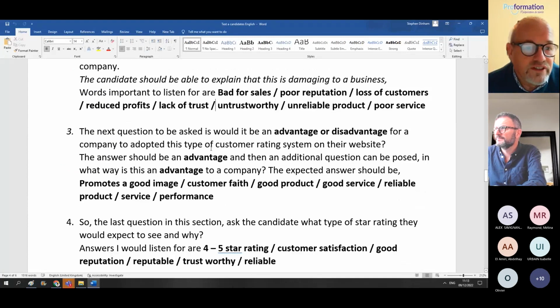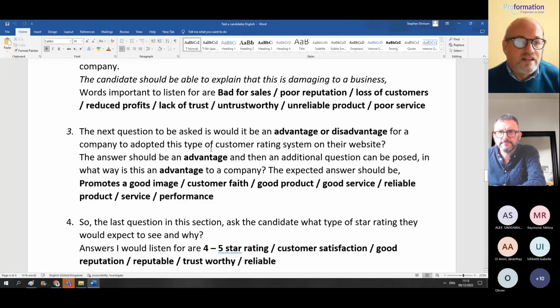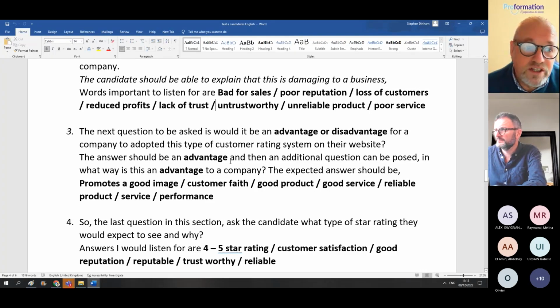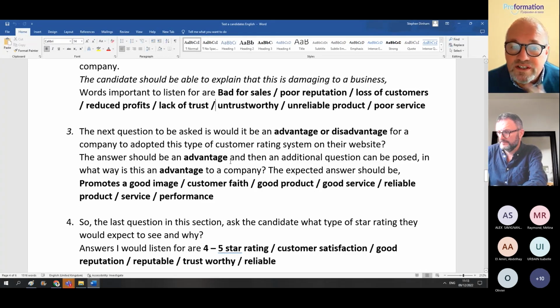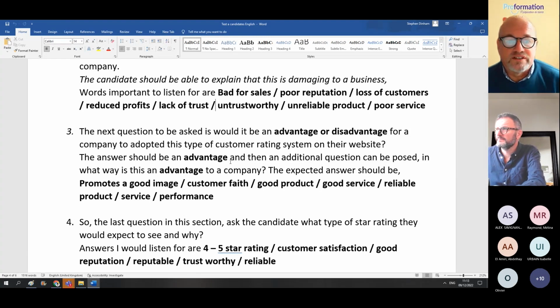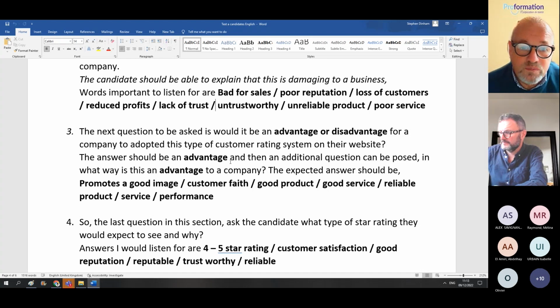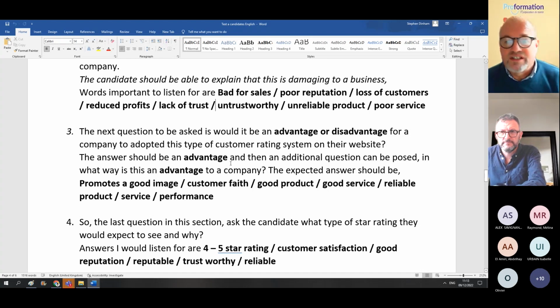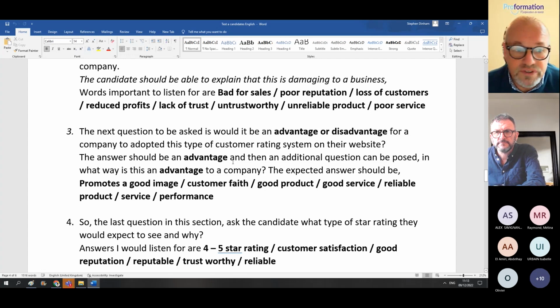Okay, so the next one is number 3. The next question to be asked is, would it be an advantage or disadvantage for a company to adopt this type of customer rating system on their website? Now, the answer should be an advantage, and then an additional question can be asked. In what way is this an advantage to a company?